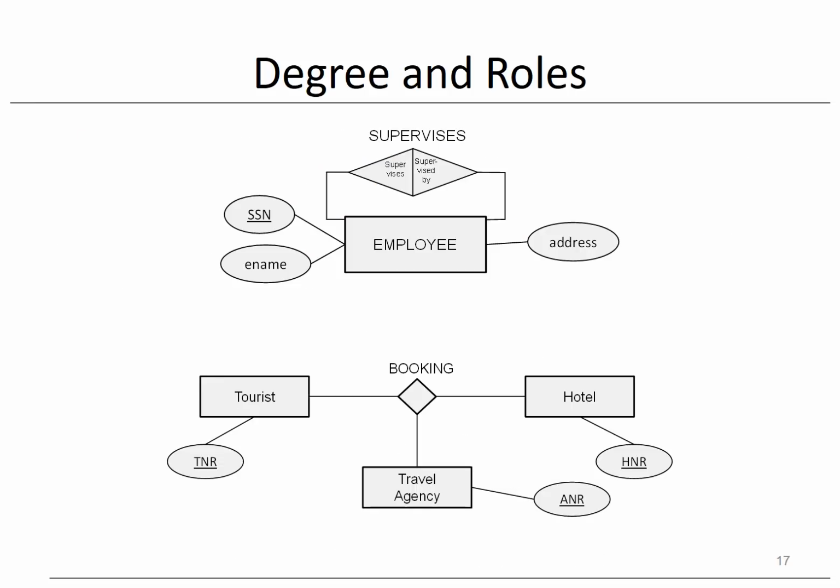Here you can see 2 other examples of relationship types. The supervisor's relationship type is a unary or recursive relationship type which models the hierarchical relationships between employees. In general, the instances of a unary relationship relate 2 instances of the same entity type to one another. The role names supervises and supervised by are added for further clarification.